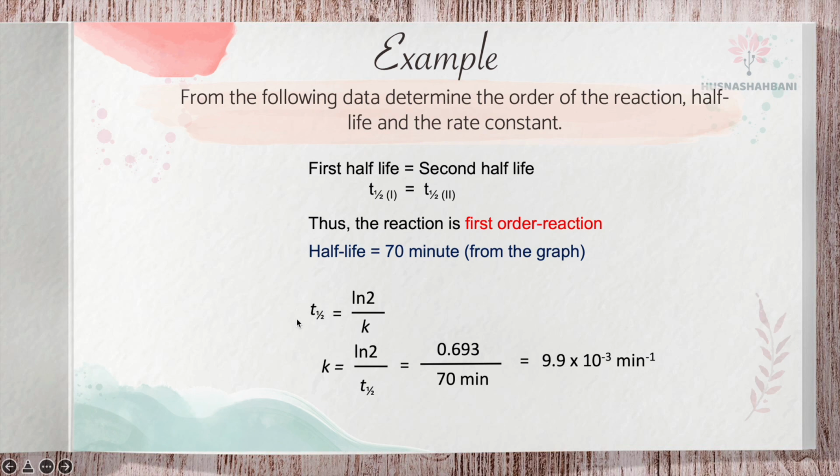For the initial concentration to become halves, it's 70 minutes. Substitute 70 for T half, and then ln 2 with value 0.693 divide by 70 minutes, and you get the K value 9.9 times 10 to the power of negative 3 per minute. This is the unit for K for the first order reaction.